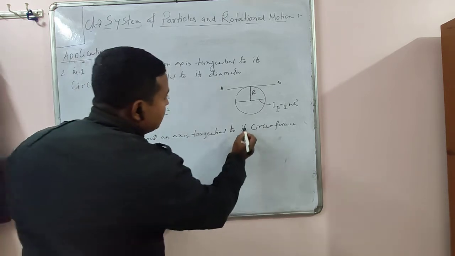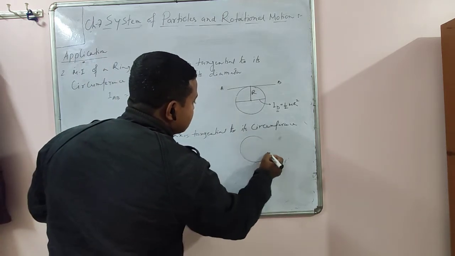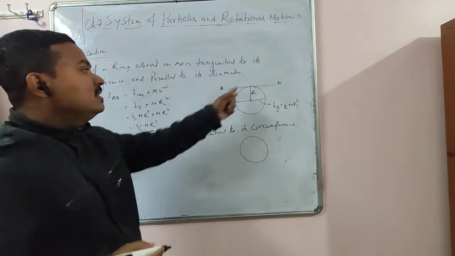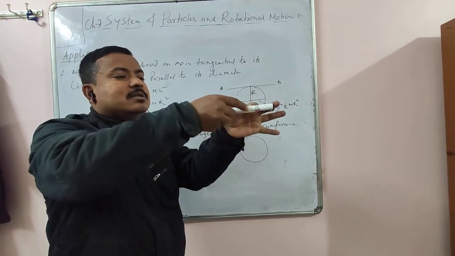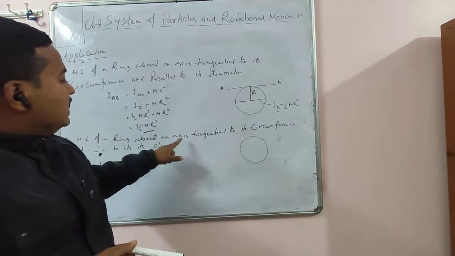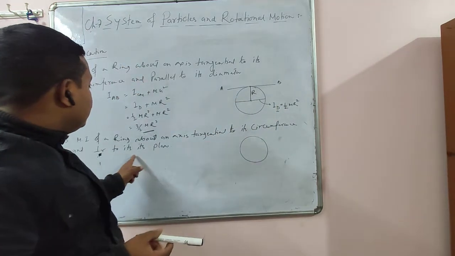Okay, now here axis is like that. This is the axis. Now previously this axis is what? This is a ring, it is like that, parallel to diameter. This diameter, this is like that. But here now tangential to circumference and perpendicular to its plane.